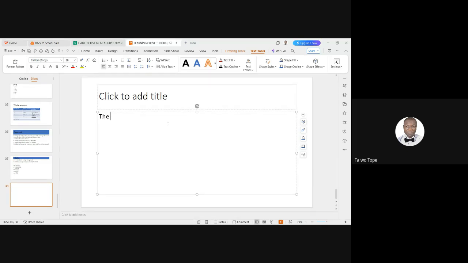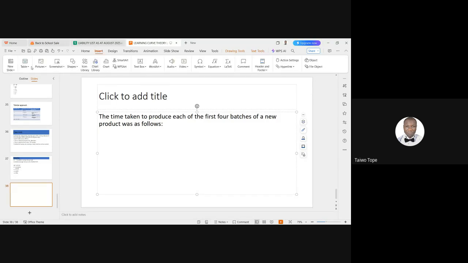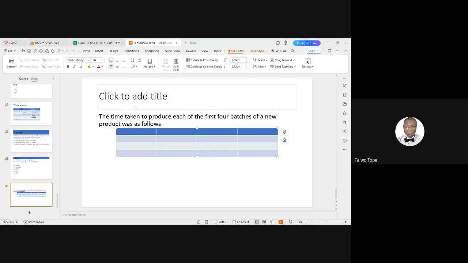Let's say the time taken to produce each of the first four quarters or first four batches of a new product was as follows. Let's present a table now.